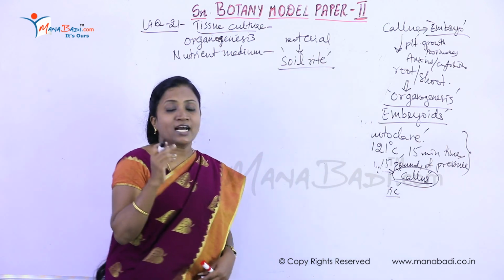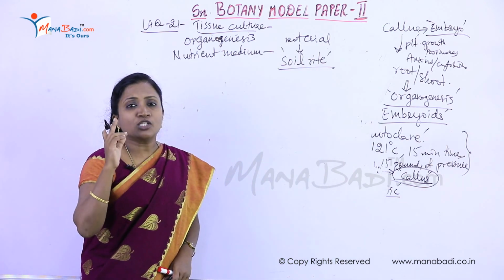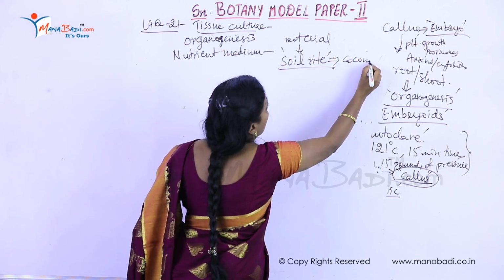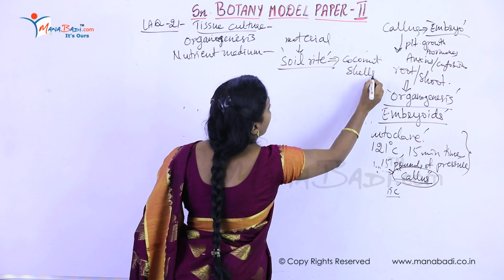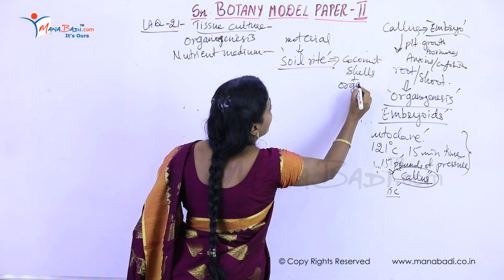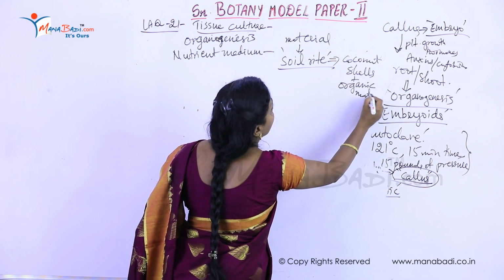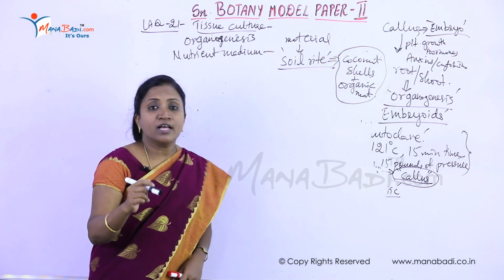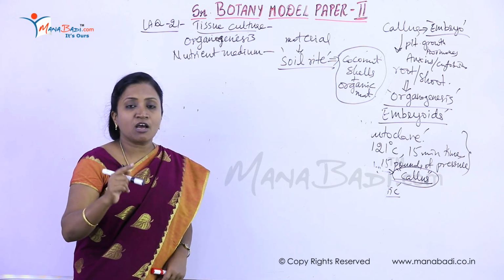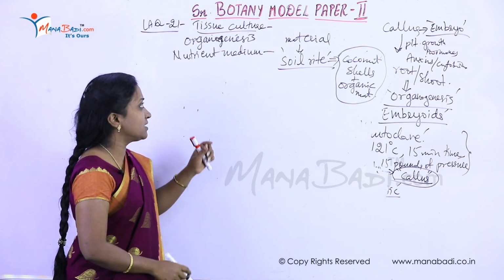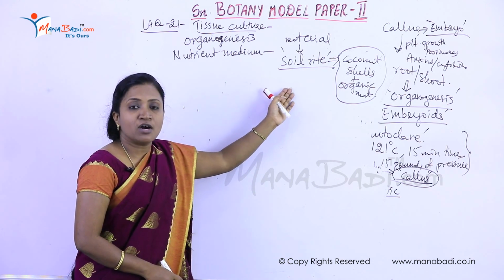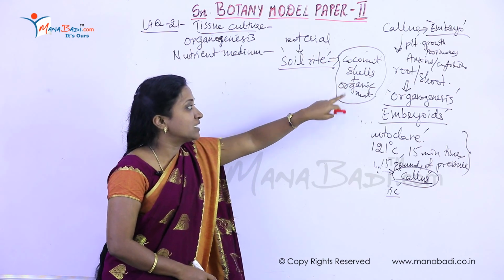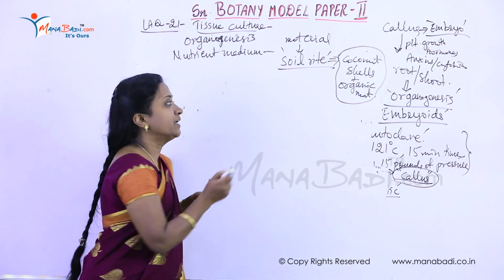Soilrite is a composition consisting of coconut shells plus other organic material. So the plantlets developed as a result of organogenesis are transferred into the soilrite.